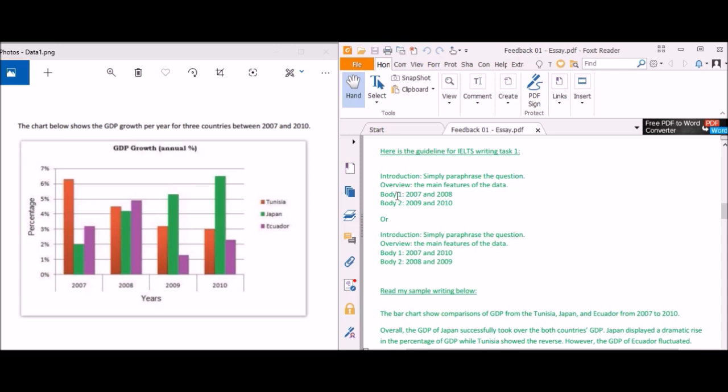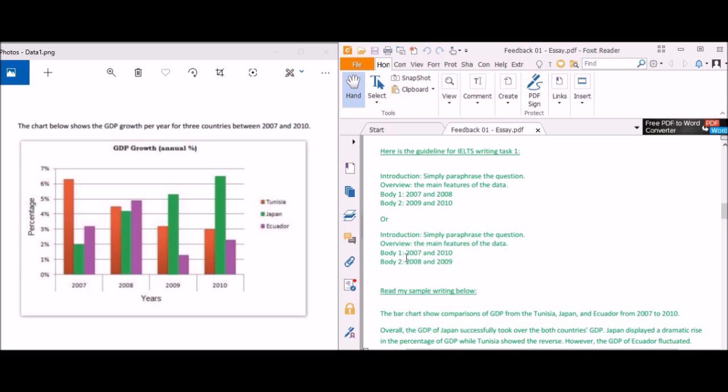And then the body: the first body, you can discuss 2007 and 2008. So 2007 about this and this, and the second body is about 2009 and 2010, here and here.